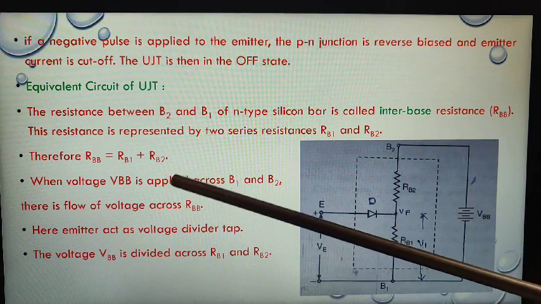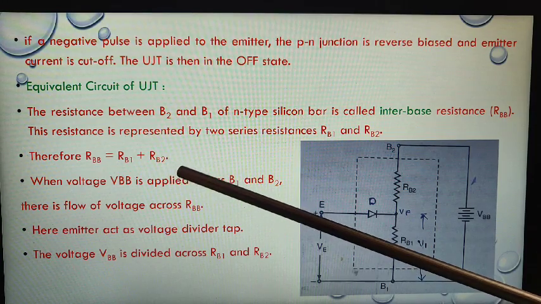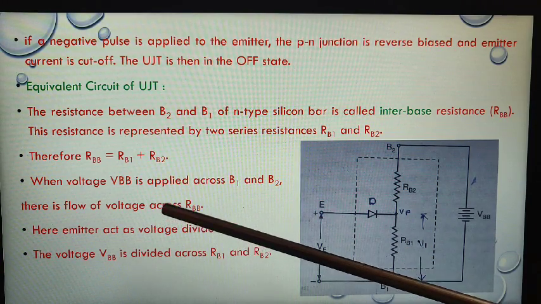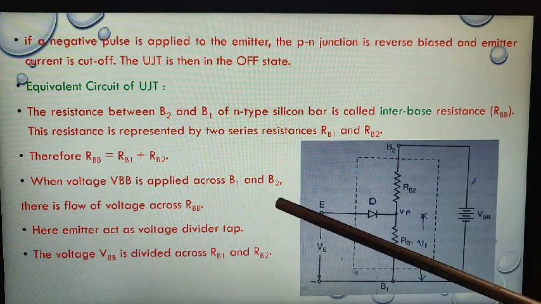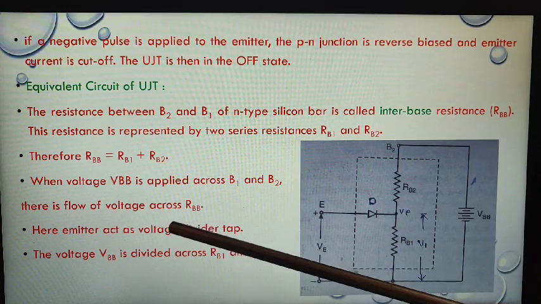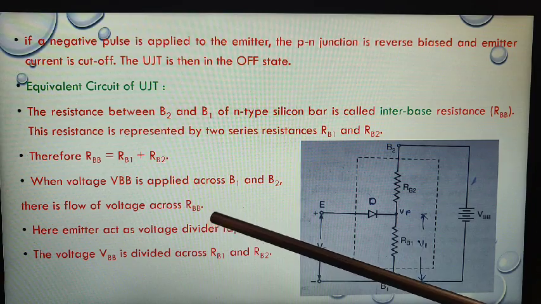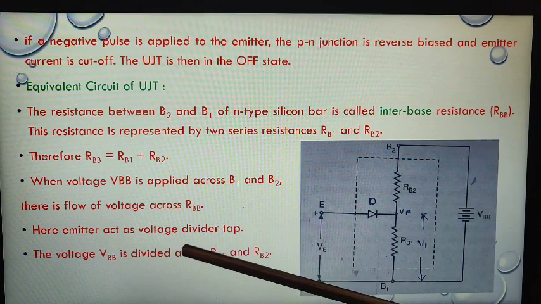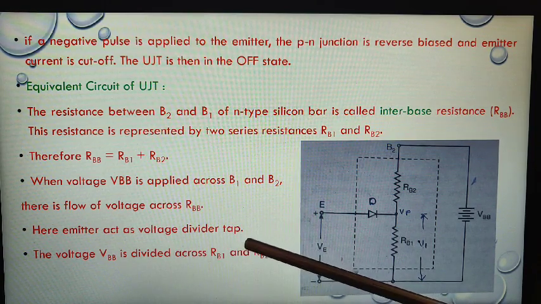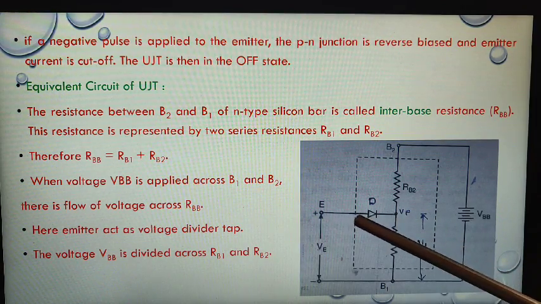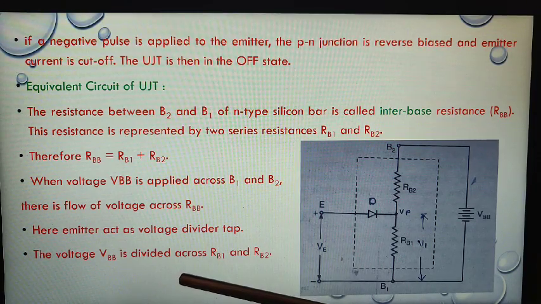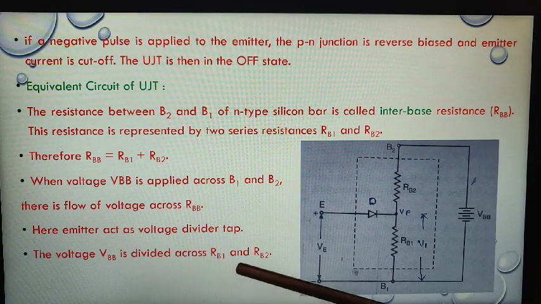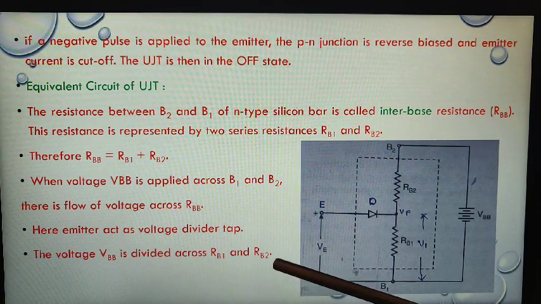Therefore, RBB equals RB1 plus RB2. When voltage VBB is applied across B1 and B2, there is a flow of current through RBB. Here, the emitter acts as a voltage divider tap. The voltage VBB is divided across RB1 and RB2.